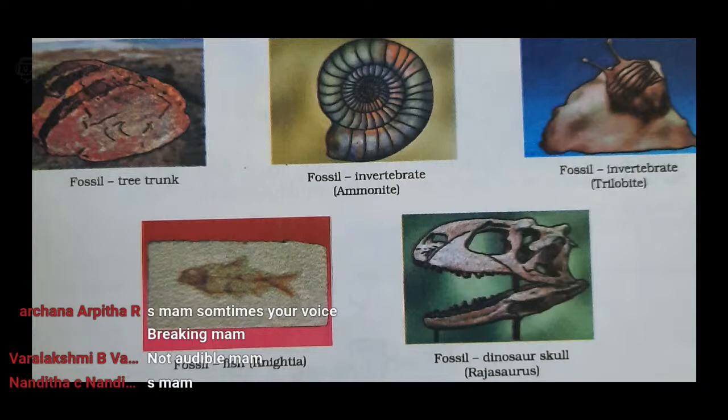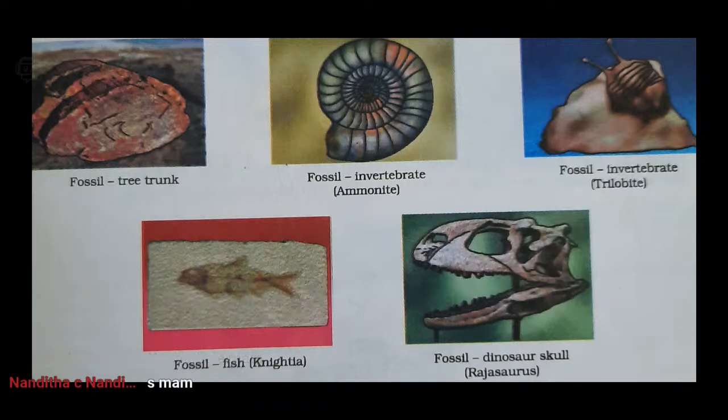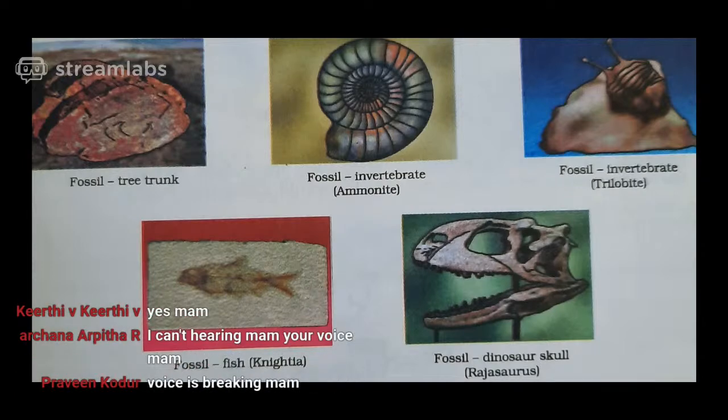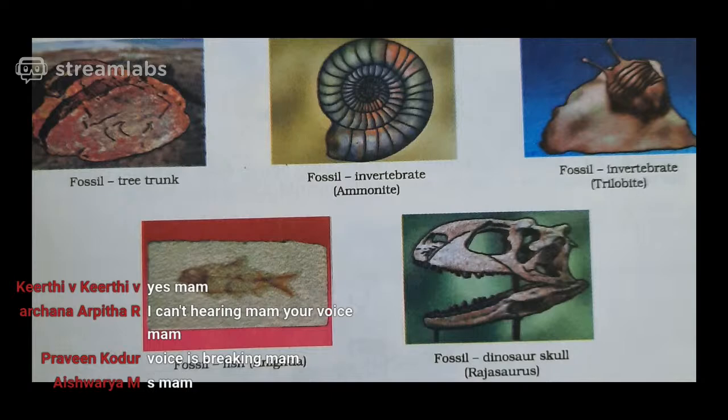Once they were alive, due to natural calamities, they have been hidden in a tree trunk or between the rocks or between the soil layers, but the part of the organism remained. They persisted, and the body part has some appearance, and such things are called fossils.